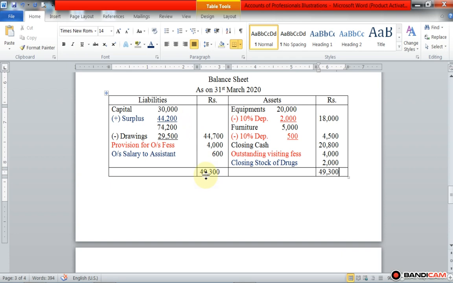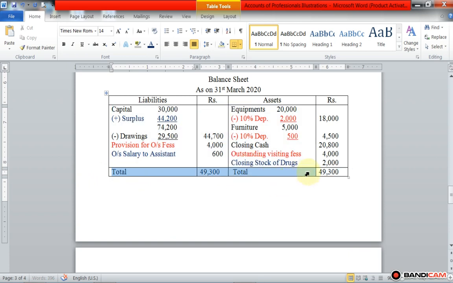Liability side total 49,300 and asset side total 49,300. It means our solution is right.